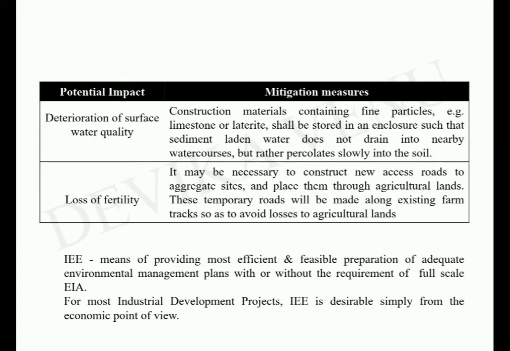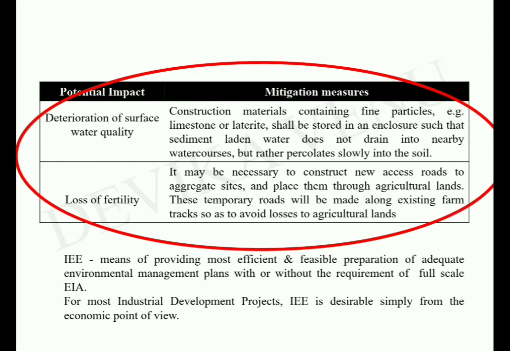Okay, so we will see this example. You can see that for each potential impact there are mitigation measures. Okay, I have listed only two here, but you will come up with an environmental plan like this. Okay, this is known as an environmental management plan, and for each and every issue identified in the stages will be listed like this, and corresponding mitigation measures will be suggested, given by the proponent, so that action can be taken as soon as possible.